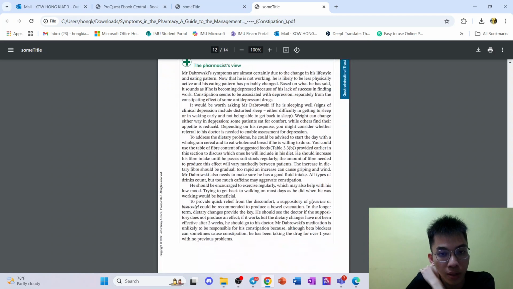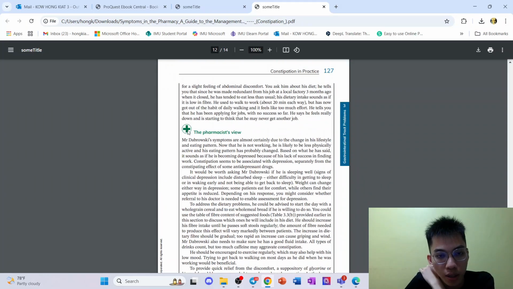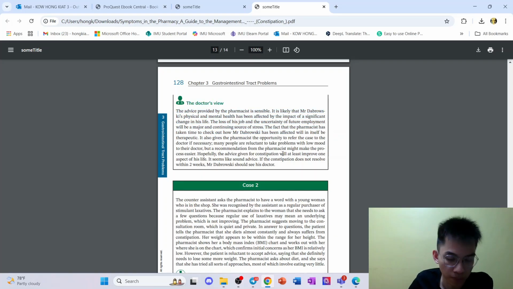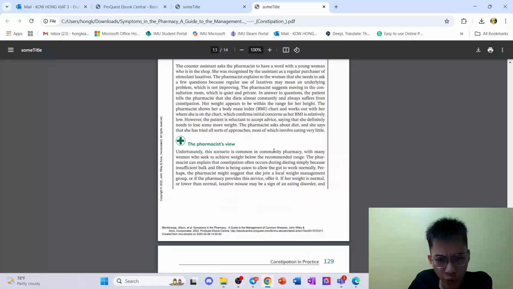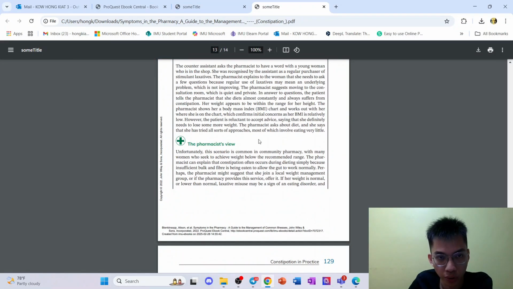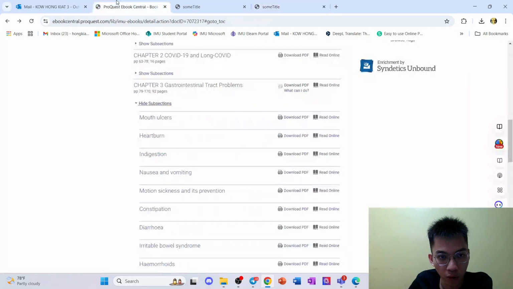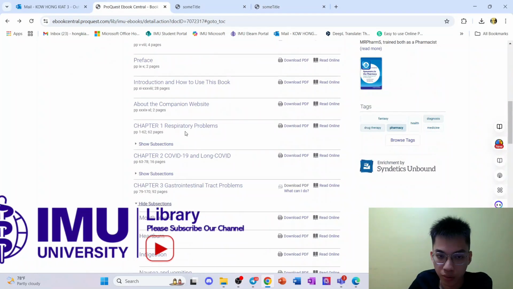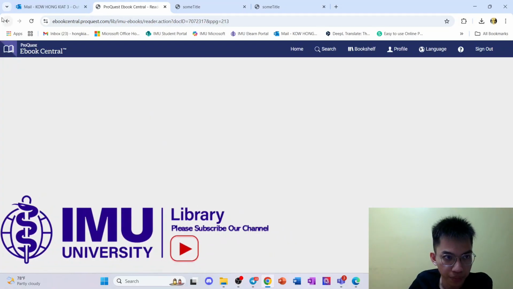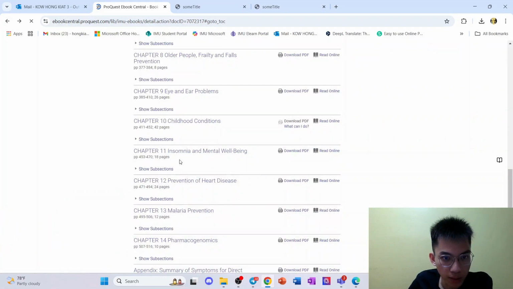I won't be reading everything. And they provide information regarding the pharmacist's view as well, which is quite extensively covered, and also the doctor's view. So this is quite useful in terms of learning about constipation, or even all of the other diseases covered here, especially respiratory problems, GI problems, skin conditions, insomnia.